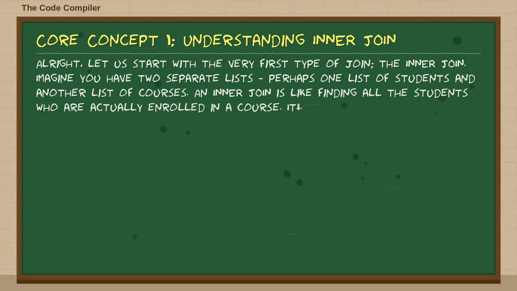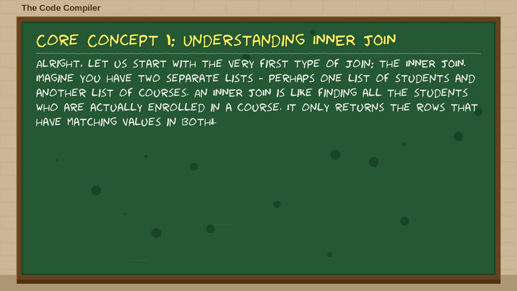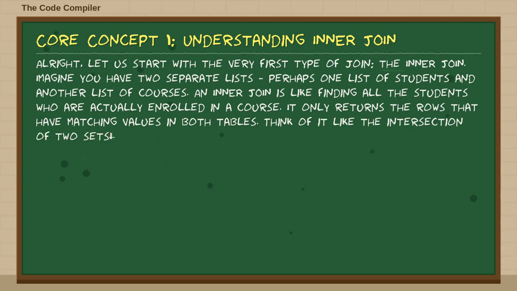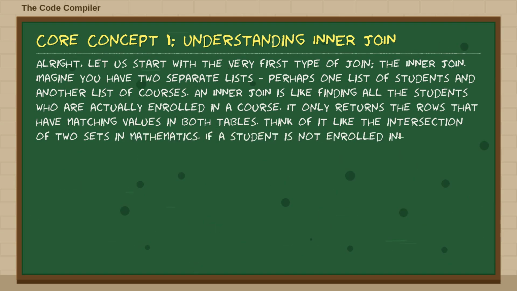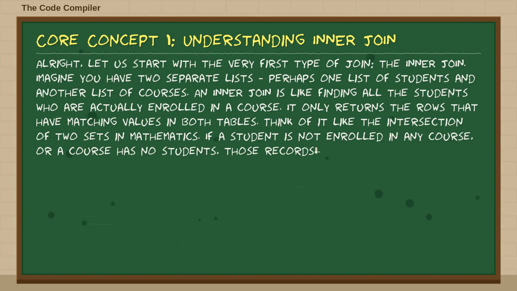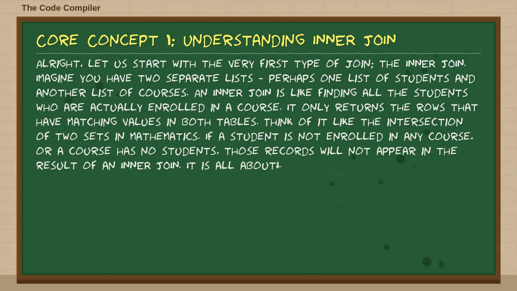It only returns the rows that have matching values in both tables. Think of it like the intersection of two sets in mathematics. If a student is not enrolled in any course, or a course has no students, those records will not appear in the result of an inner join. It is all about finding the common ground.